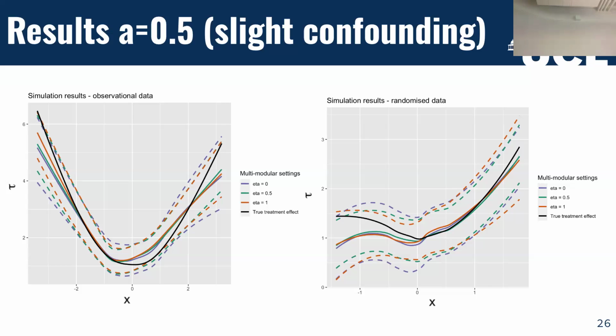Can you change that? Oh, sorry. Can I see it? I can take a photo. I'm also not quite sure what you mean by non-collapsible, because if the outcome is continuous, what is non-collapsible? You might be referring to the fact that the CATE is a different function, a different surface in the observational data.